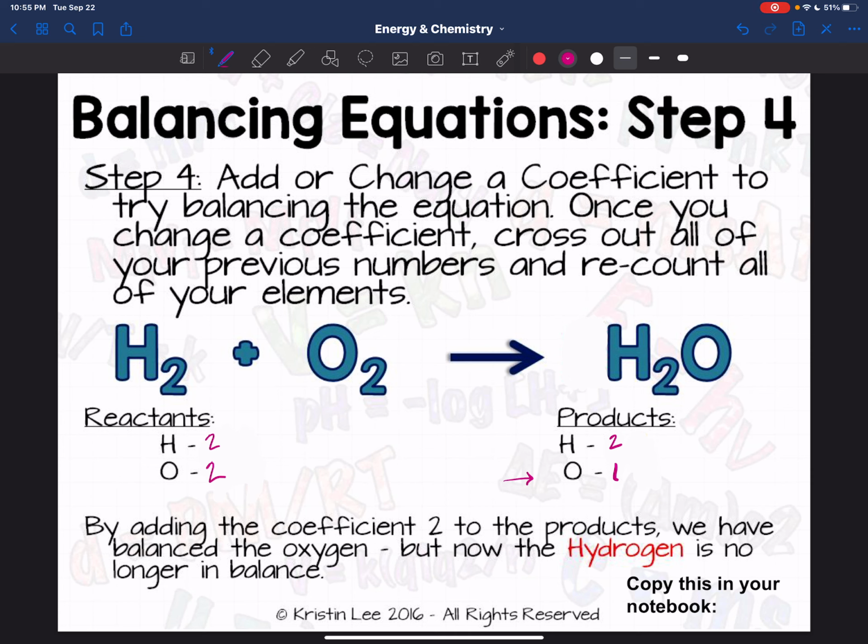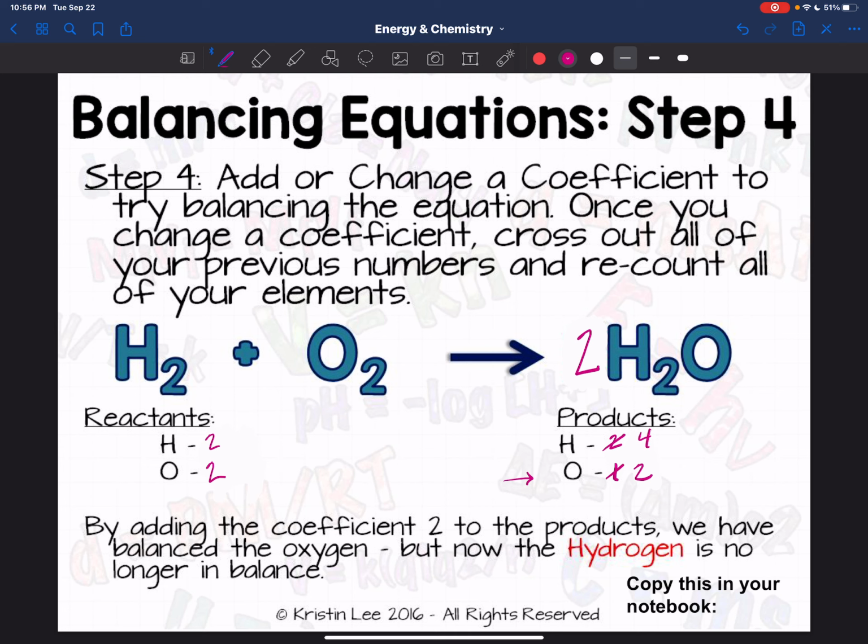I need 2 oxygens. If I put a coefficient of 2 here, now I'm going to have 2 oxygens. However, that changed how many hydrogens I have, because now I have 2 groups of water instead of just 1, so now I have 4 hydrogens in there.